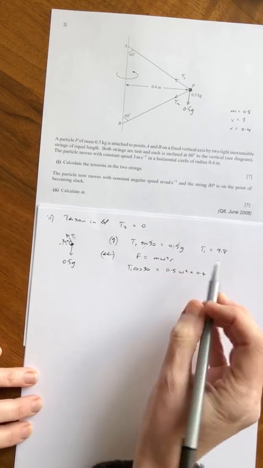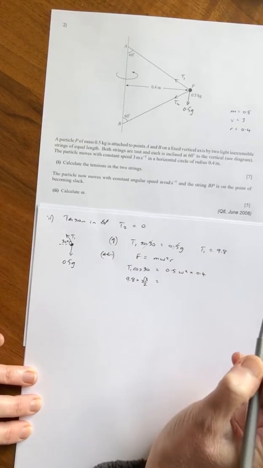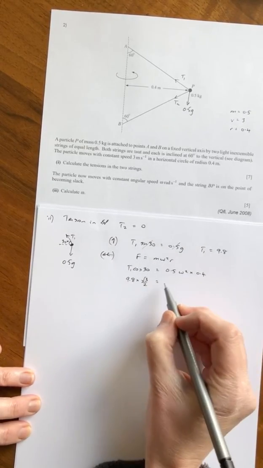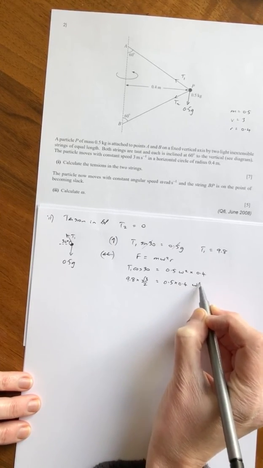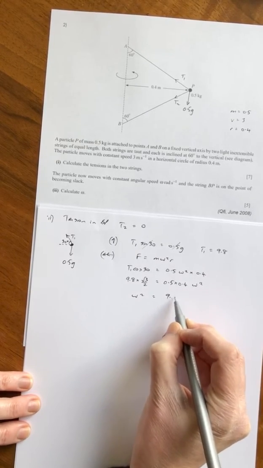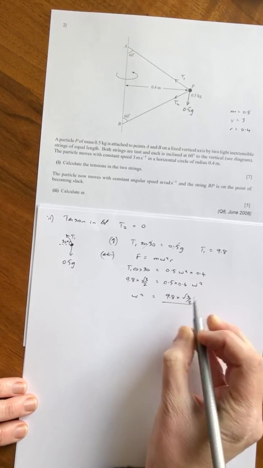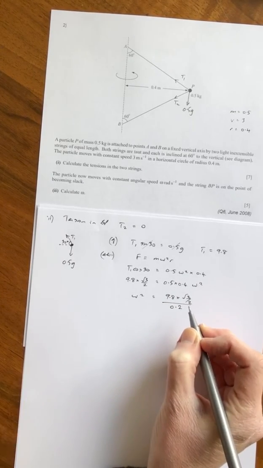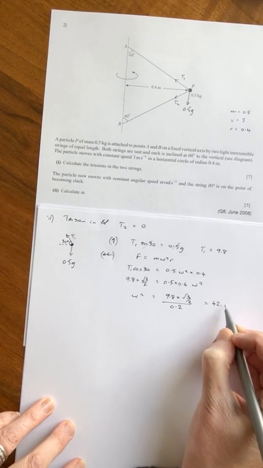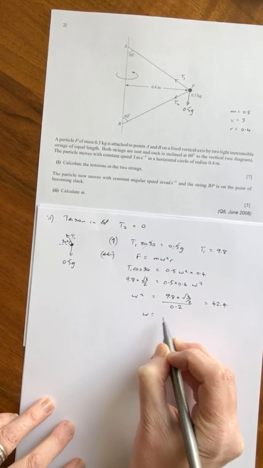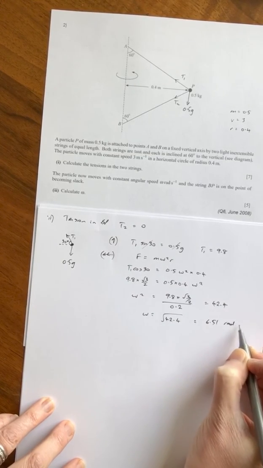So I think really this question is just testing that you know about the second form of the acceleration, because everything else is exactly the same. 0.5 times 0.4 omega squared. Omega squared then is 9.8 times root 3 over 2 divided by those two things, which is 0.2. Working that out, we get 42.4. So omega is the square root of 42.4, 6.51 radians per second.